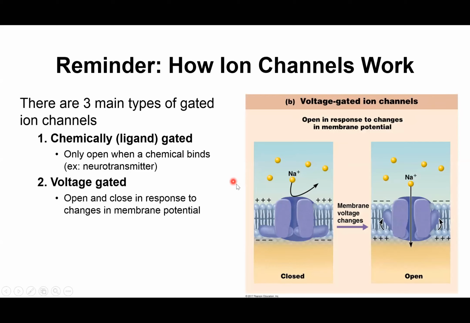Voltage gated ion channels open and close in response to changes in that thing called membrane potential that we were talking about. In the first case here, we see a voltage gated sodium channel.